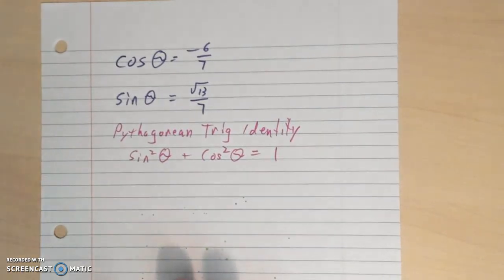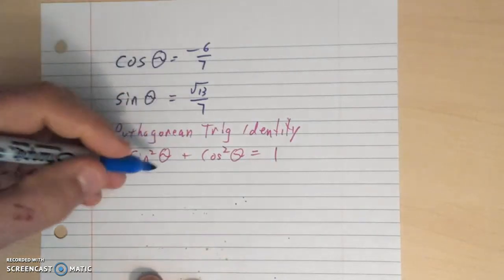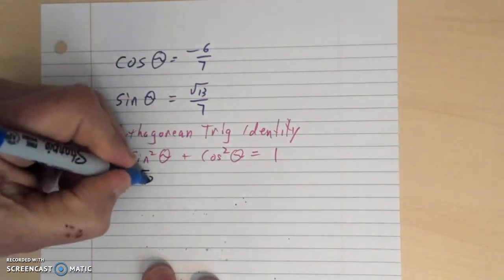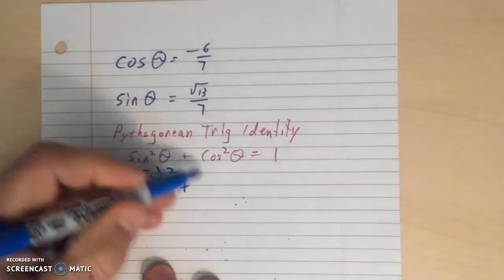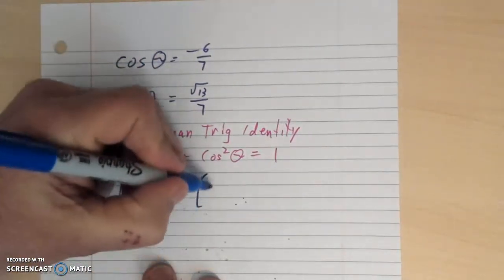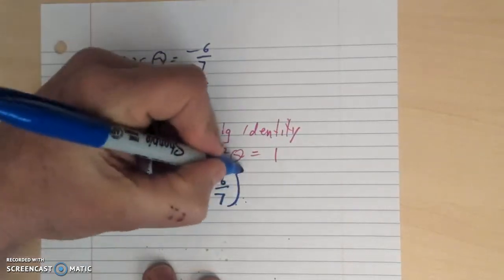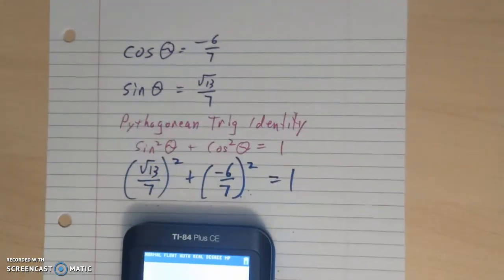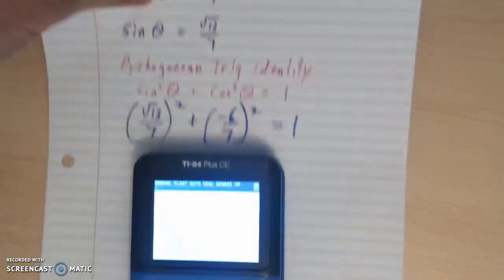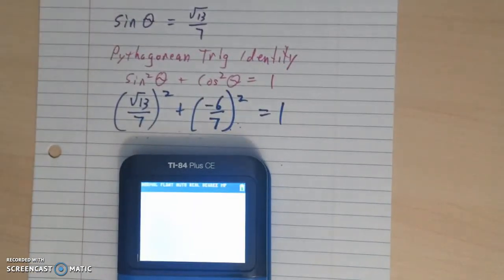Now, I'm going to replace sine with radical 13 over 7, and I'm going to square it. Now the cosine, we already knew that was negative 6 over 7. I'm going to square that, and all that should equal 1. Let's get out the handy dandy little calculator and double check this.